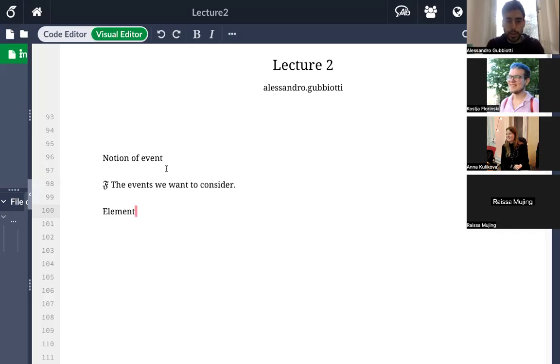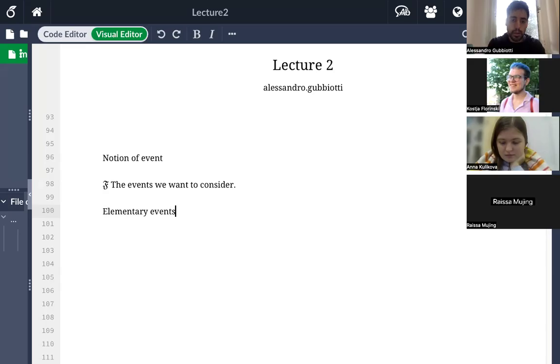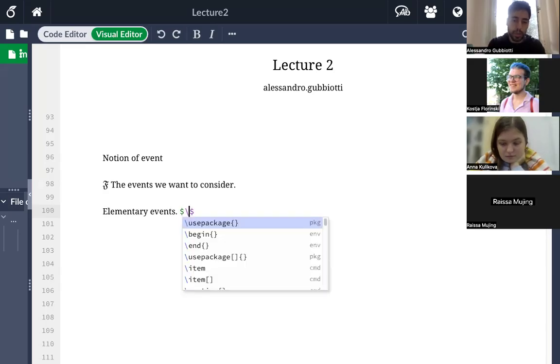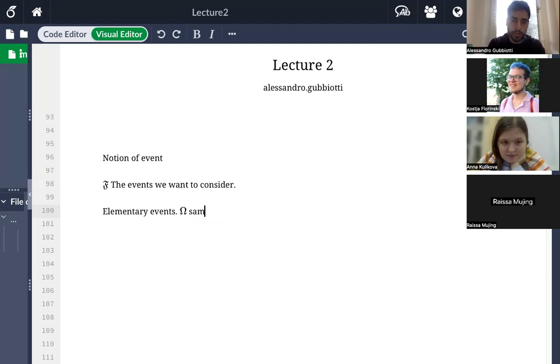So last time we introduced the notion of event, then the notion of the set of events that we want to consider, and to give some concreteness, because those were abstract definitions, we introduced the elementary events. And we put them together in a set omega, which is called the sample space.